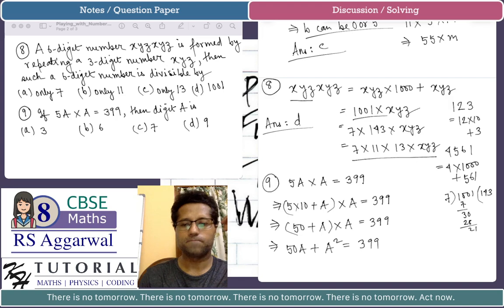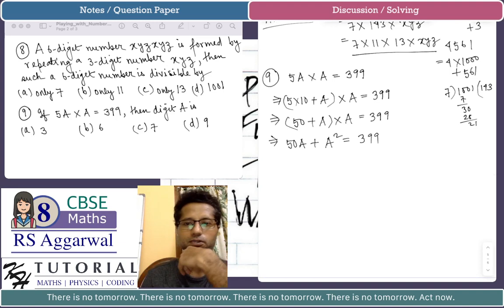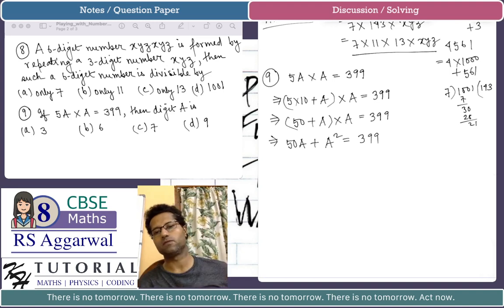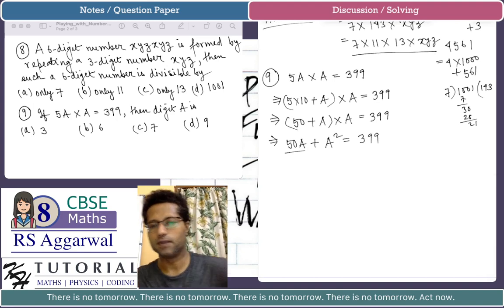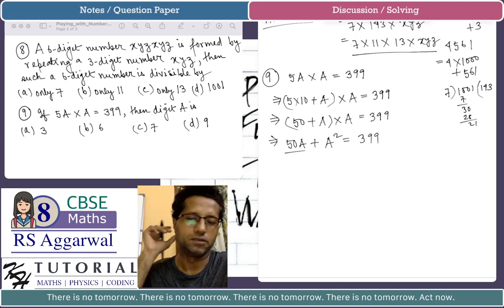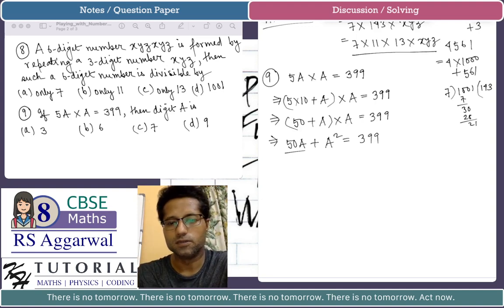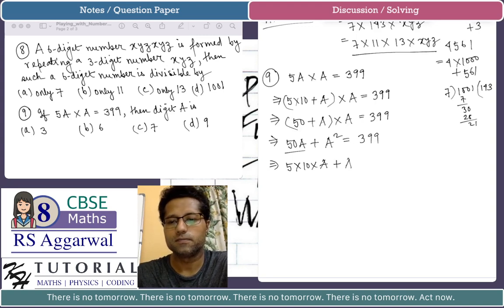Now the number 50a, irrespective of whatever digit a is, its digit at the units place will always be 0 because this 50 is 5 into 10 into a. Then we have plus a square equals 399.